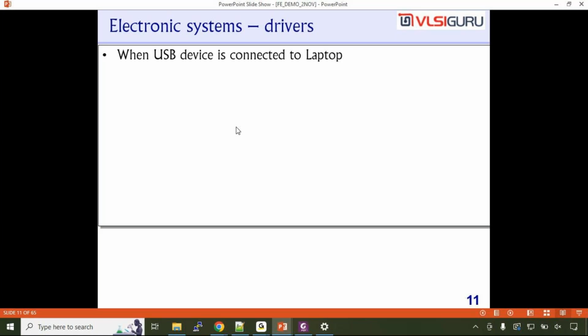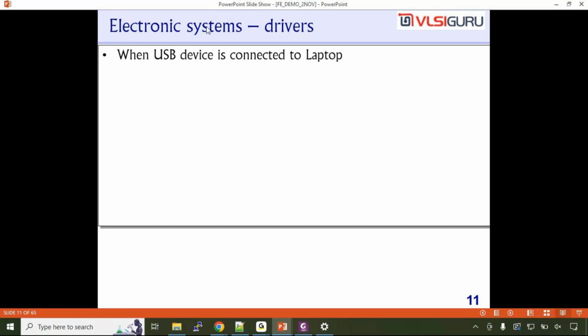There will be display controller drivers, or power management drivers, which will be told to change this number to 60. Then they will do some register programming. Inside the design, there will be registers. By programming those registers, we change the number to 60.